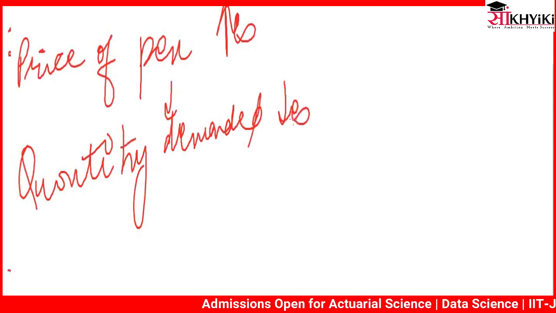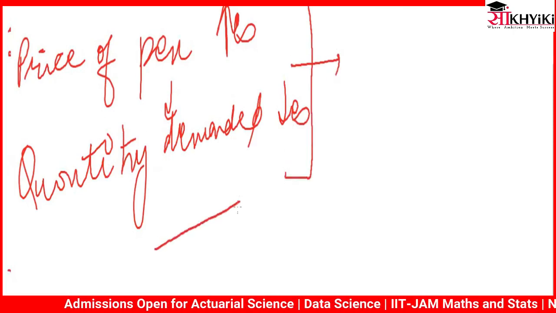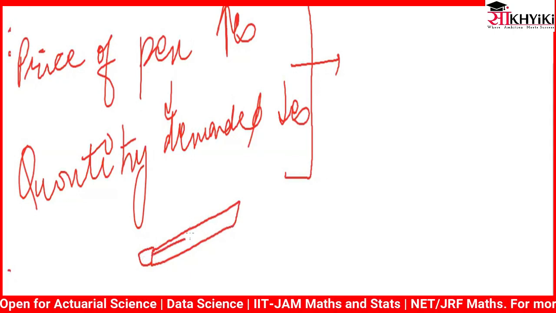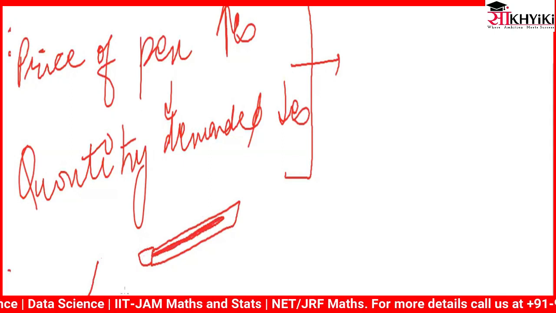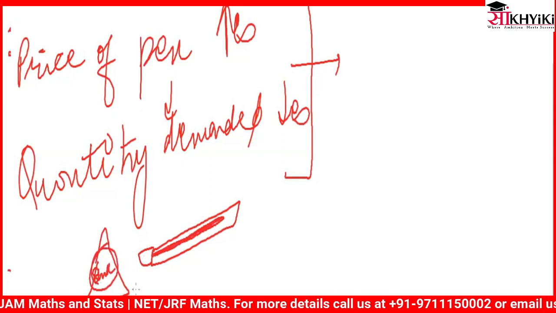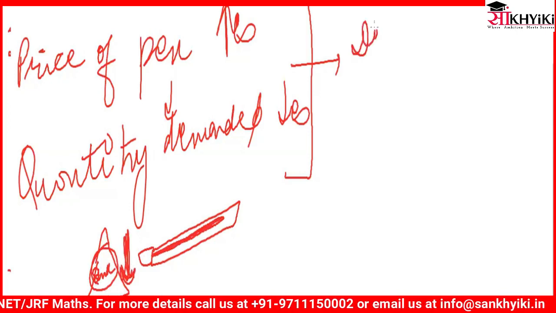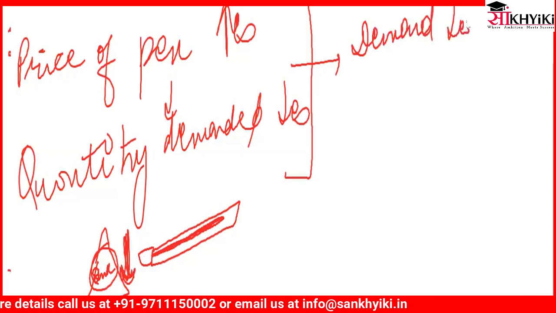Now, if I use fewer pens, then the ink that I'm going to use to refill this pen would also be used less. So this would lead to a lower demand for ink as well.